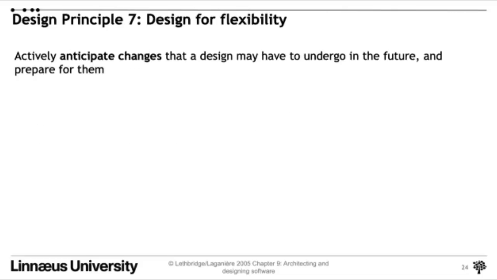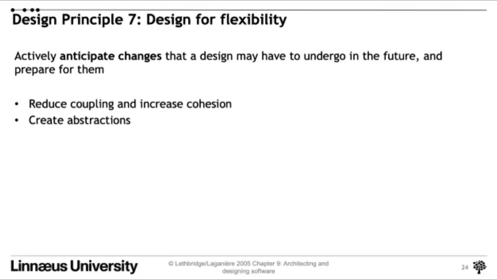Then design principle 7, design for flexibility. Try to anticipate the changes that the design might have in the future, and be prepared to face these changes, because they will happen sooner or later. In order to do that, you must reduce the coupling and increase the cohesion. That's very, very important.